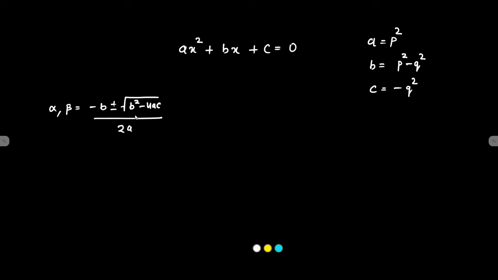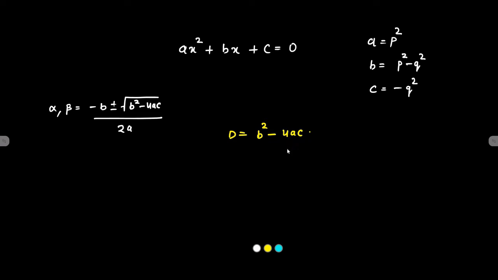So here first we'll calculate this discriminant b square minus 4ac, because then it will become simple. Otherwise, if we do this calculation here, it will become very complicated. So first we'll calculate this b square minus 4ac, which is the discriminant d.